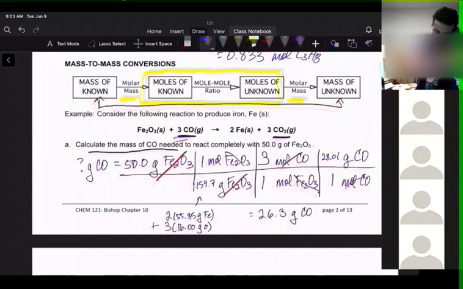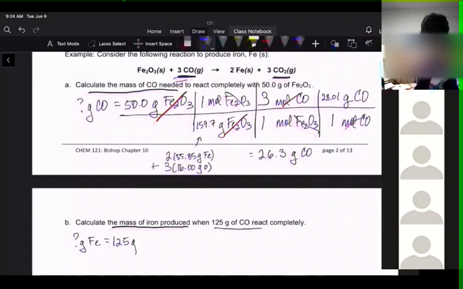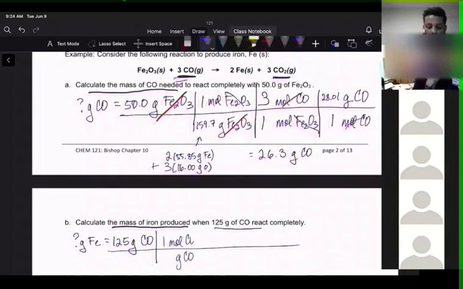We're going to do that same thing a couple more times. When in doubt, go to moles.